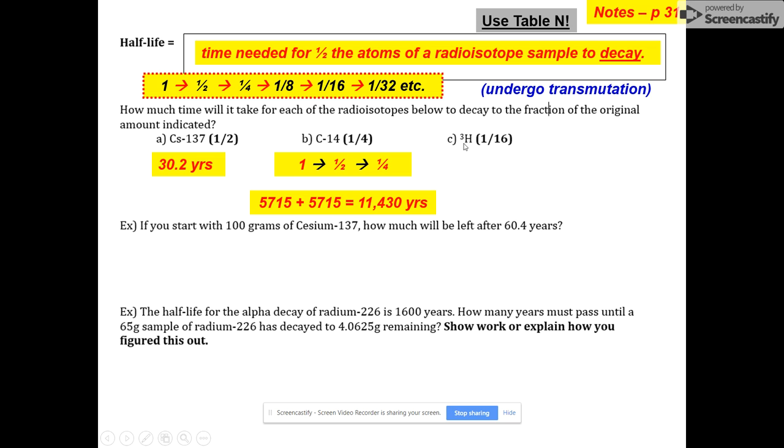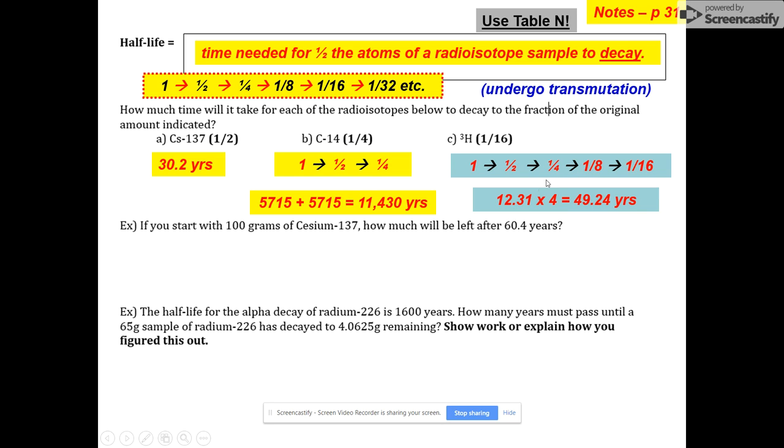How long does it take hydrogen-3 to decay to 1/16 of the amount that you started with? Well, you just draw it out this way. 1 to 1/2 to 1/4 to 1/8 to 1/16. When you're trying to solve a problem like this, it really, really helps to write out this chain of fractions: 1 to 1/2 to 1/4, etc. How many hops or how many half-lives passed to get to that 1/16? 1 half-life is the first arrow, 2 is the second arrow, 3 is the third arrow, 4 half-lives.